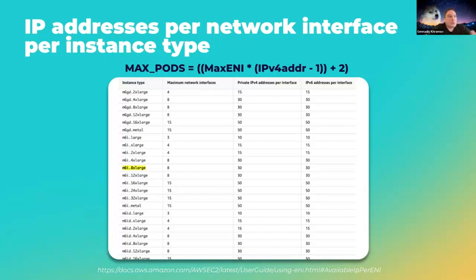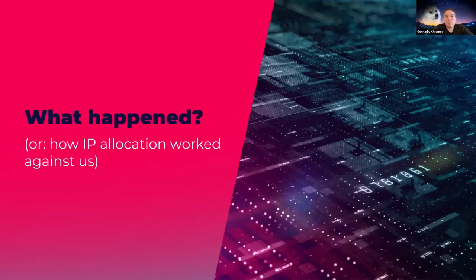It's the max ENIs that the instance can have, multiplied by the available IP addresses per ENI, plus 2. Why this? Where does this 2 come from? It's 2 pods that use host networking, and they don't need their own IPs. It's the CNI and kube-proxy. So, for example, our node can have up to 234 pods.